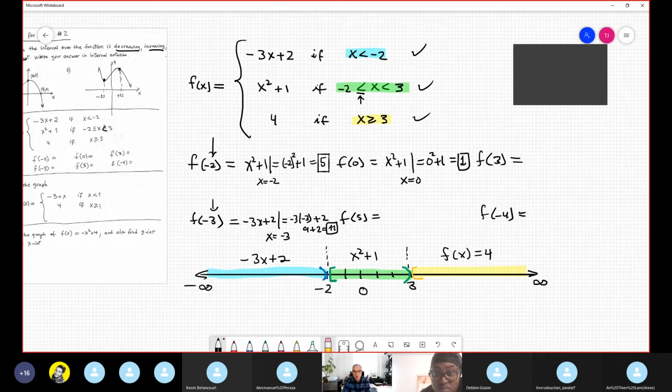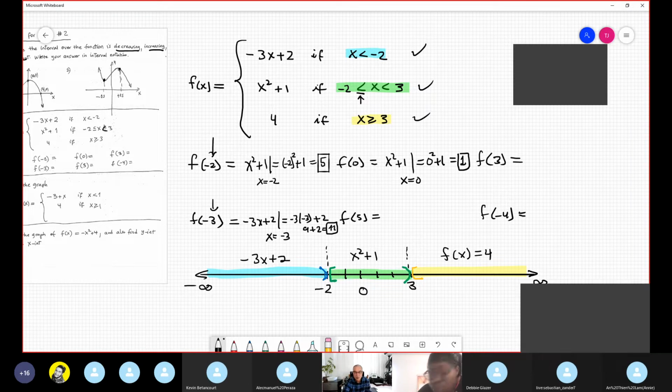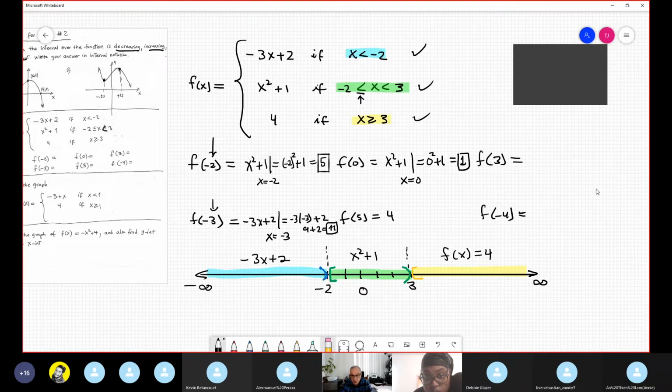In this case, 5. Does 5 belong to the blue, the green, or the yellow? Another participation, come on. 4. It belongs to yellow. Yeah. And if you belong to yellow, the function is 4, completely independent of x. Edward, super, excellent. I appreciate it so much, guys.